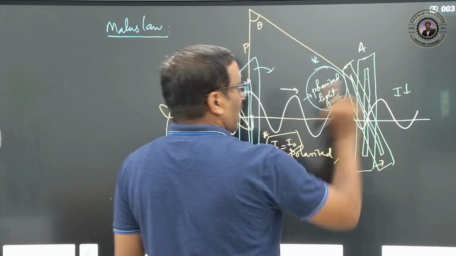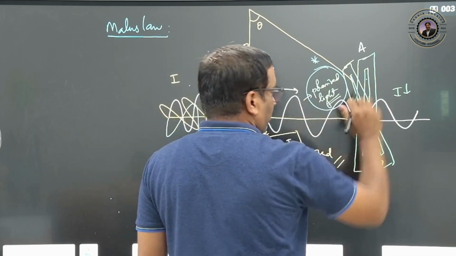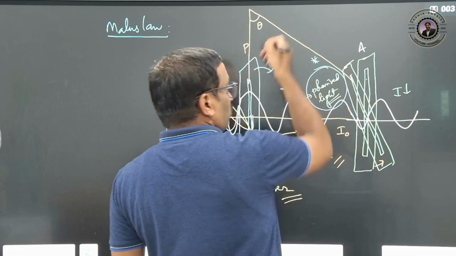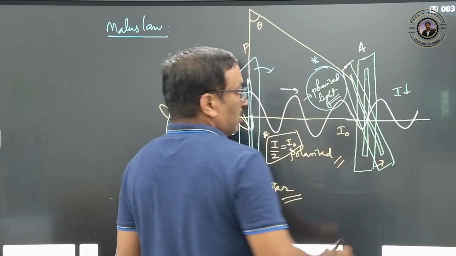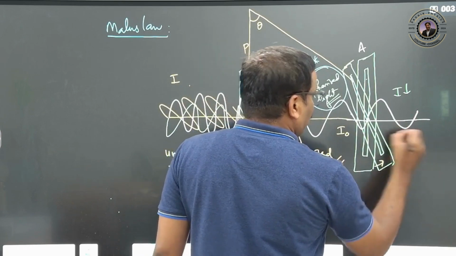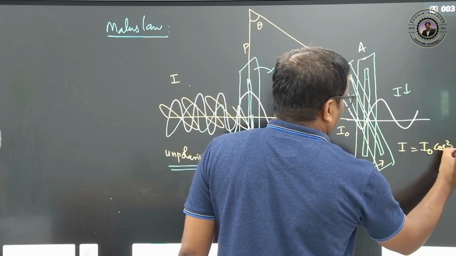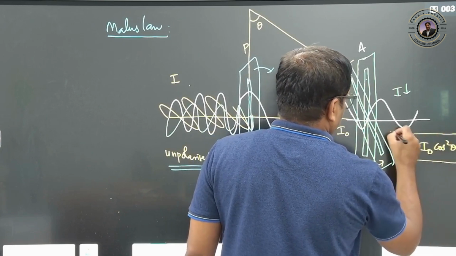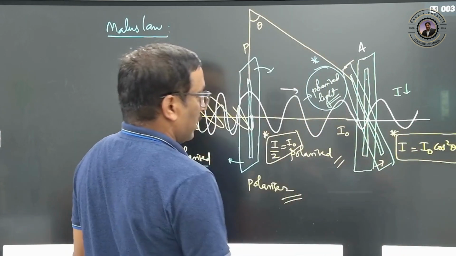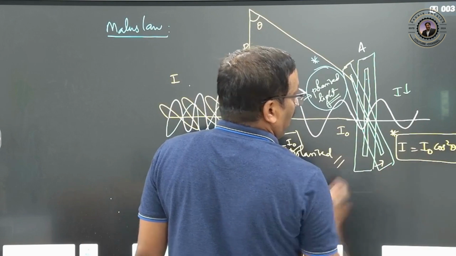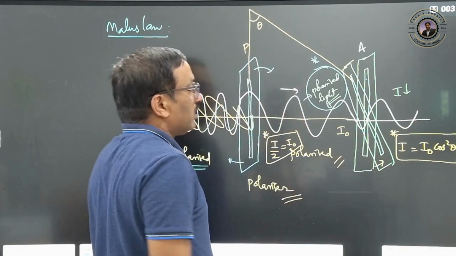Now this I naught is coming and falling on this one. It will change because of the changing axis. So the intensity which comes out from this is I naught into cos square theta. So the intensity coming out after the analyzer is I naught cos square theta.